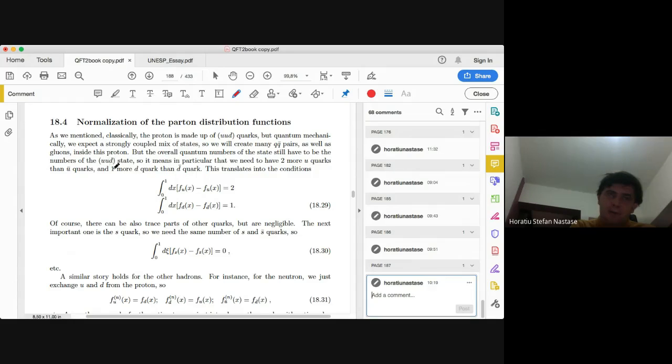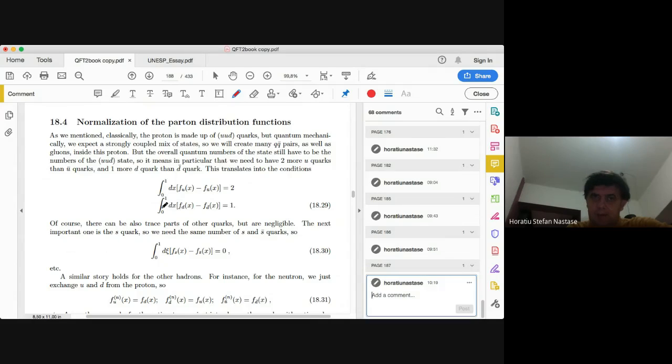Because you can have d and d bar pairs. So that translates into the condition that if you integrate over x, f_u minus f_u bar must be equal to 2. Integrated must be equal to 2, giving us 2 more quarks than antiquarks.